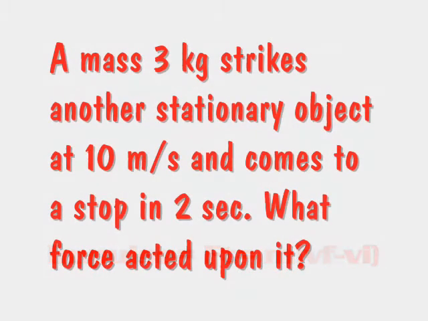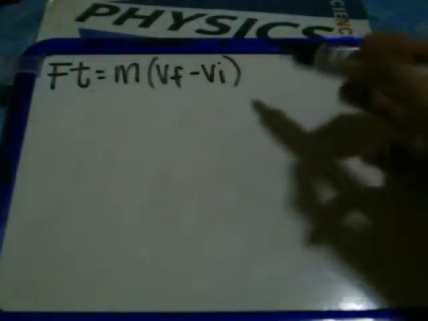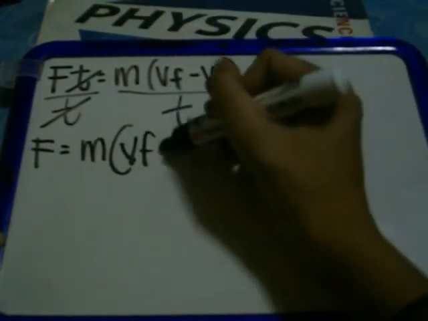Let's have an example. A mass of 3 kilograms strikes another stationary object at 10 meters per second and comes to a stop in 2 seconds. What force acted on it? So we'll make use of this formula to derive the formula for force. We will divide both sides by t, or time. Thus, force is equal to mass times change in velocity over time.